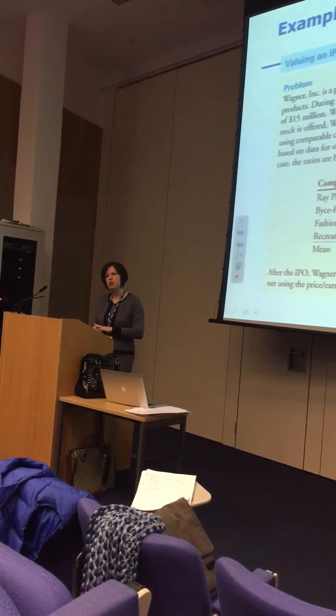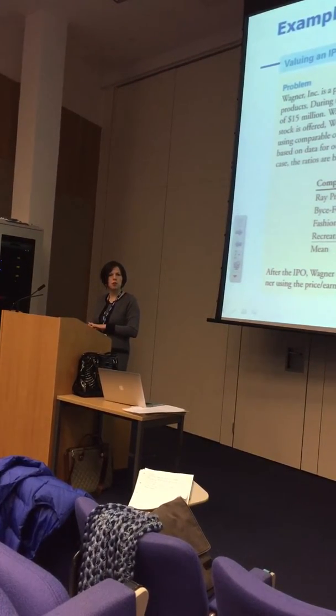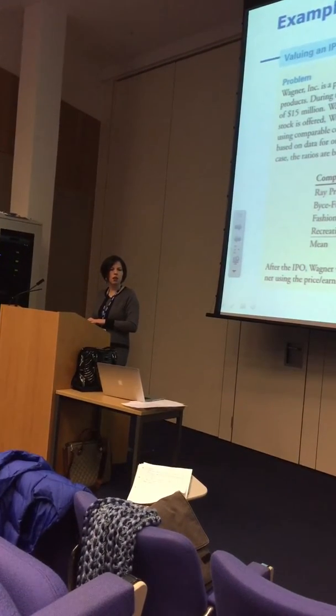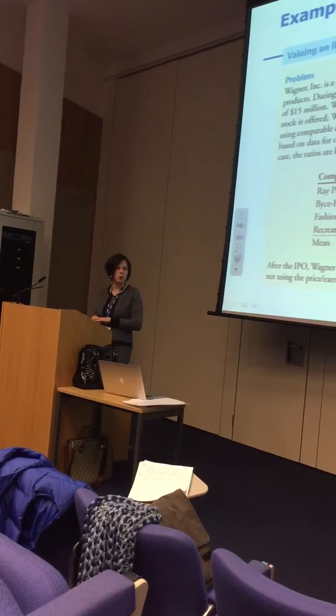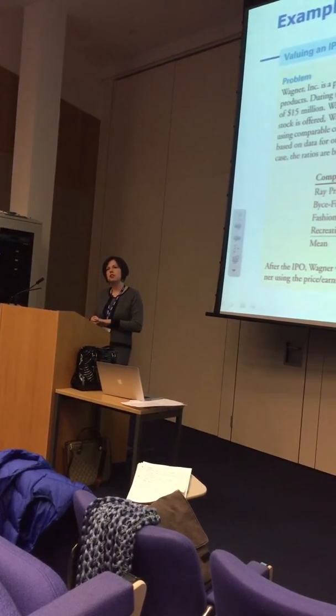So then what do you do with it? Well, you have the earnings of the company in question. Even if it's a private company, you can figure out how much profit it produced and divide it by the number of shares.